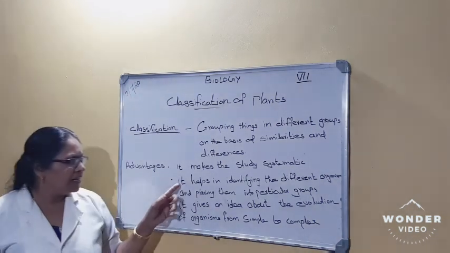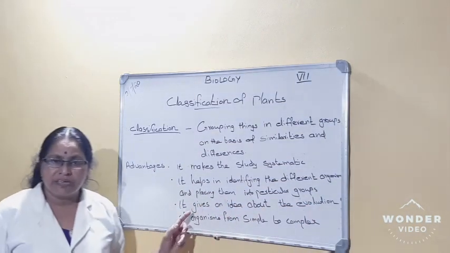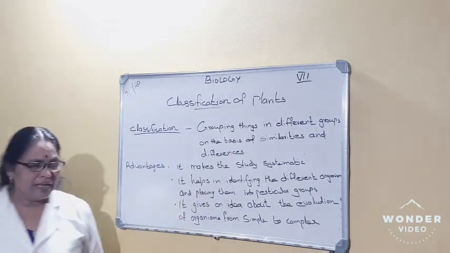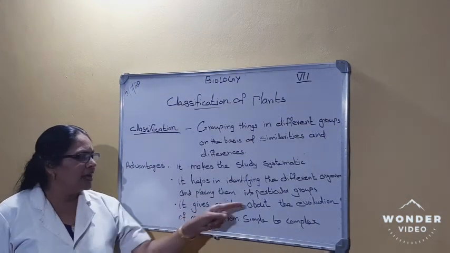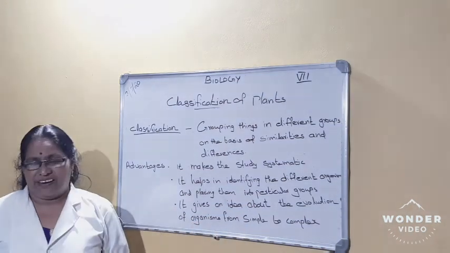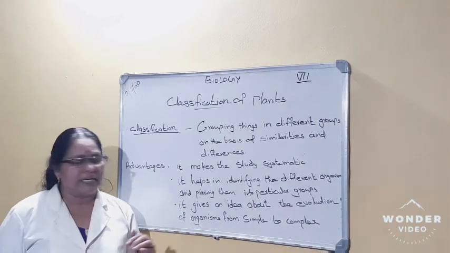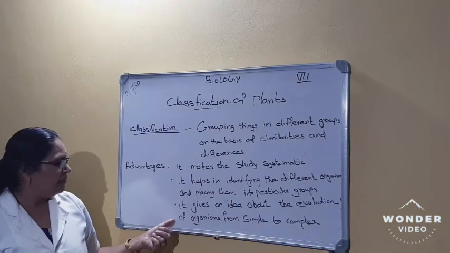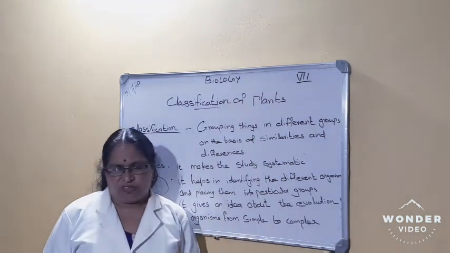That means it helps in identifying the different organisms and placing them in different groups. That is the second advantage. Then the third advantage is it gives an idea about the evolution. Evolution. What do you mean by the term evolution? It gives an idea about the evolution of organisms from simple to complex.